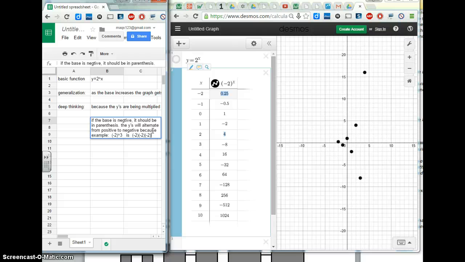So there's 3 -2 to be multiplied, which would equal -8. Okay.